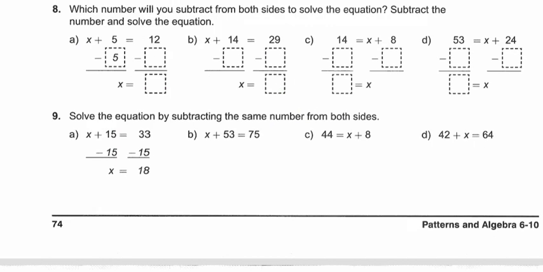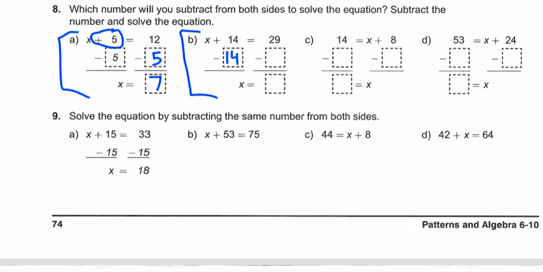So for number 8, it says, which number will you subtract from both sides to solve the equation? A has been started for us, so let's look at this one. We're going to subtract 5 from both sides because I've got 5 over here that I need to get rid of. 12 take away 5 happens to be 7. Looking at B, what are we going to subtract from both sides?